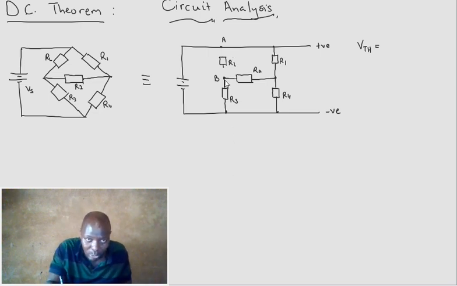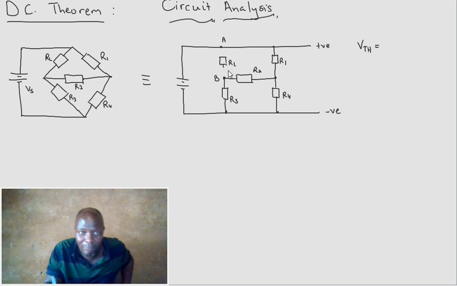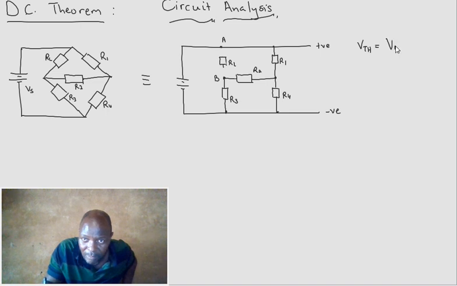Let's start with VThev. VThev would be us breaking that line, knowing those two points and wanting to know the voltage. VThev would be VAB, which we already said is VA minus VB.